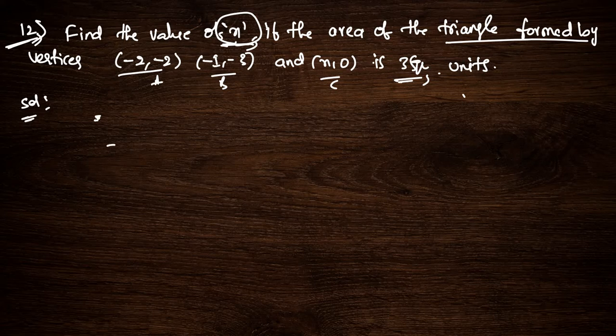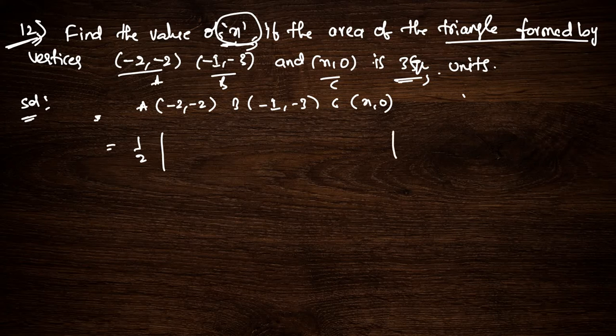So we'll directly substitute the values: minus 2 comma minus 2. So this is A and this is B, minus 1 comma minus 3, and C is x comma 0. The total area is equal to 3 square units, so that is 1/2. This is x1, y1, this is x2, y2 and this is x3, y3.